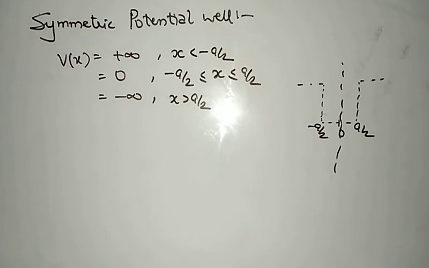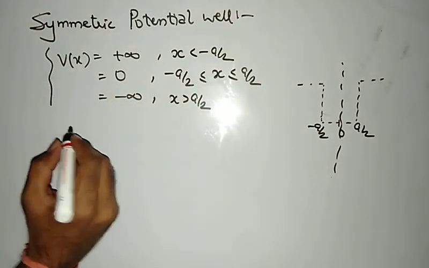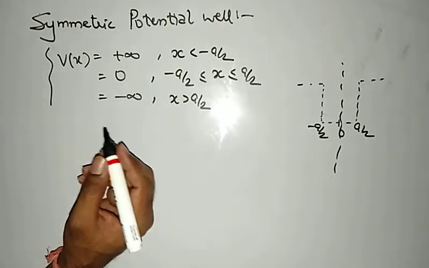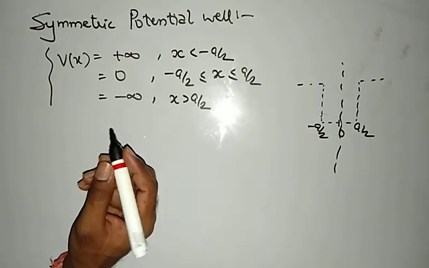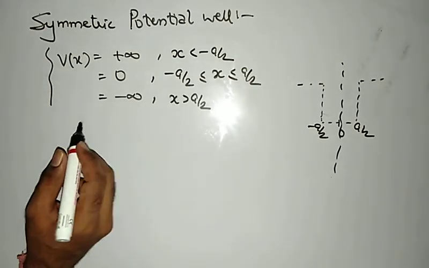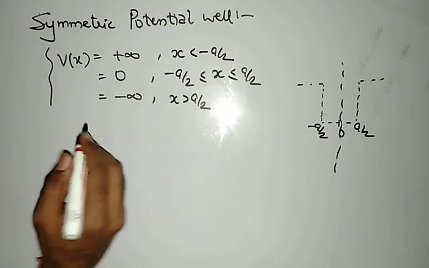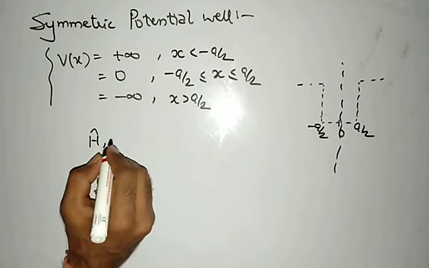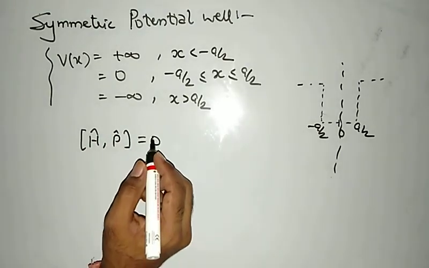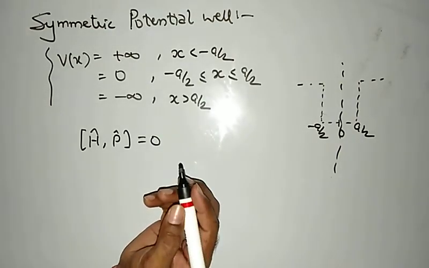For this we will calculate the same as for the asymmetric one, and we will see that the energy will be the same, there will be no change in energy, because the Hamiltonian of the system contains kinetic energy, and that Hamiltonian will commute with momentum, so the energy will be discrete.